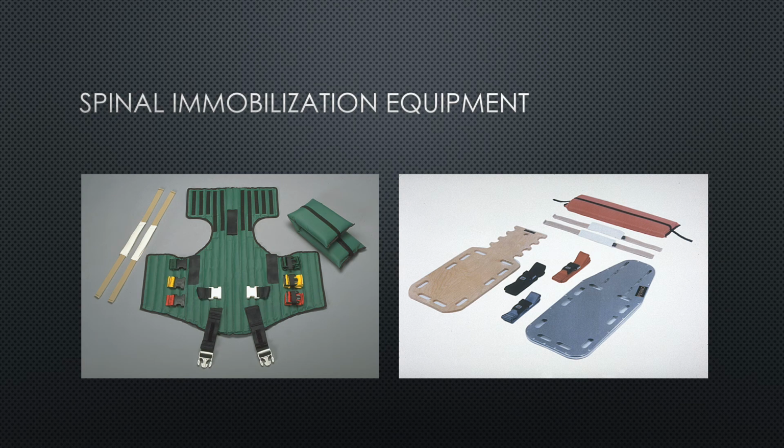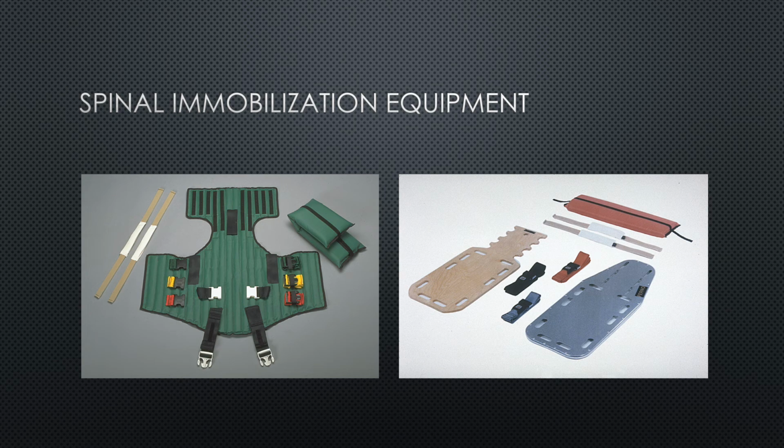This is typically used when we are removing a patient from a seated position, such as an automobile. The image on your right is a short backboard. Used with straps, the chin securing devices, and the padding, it can accomplish the same technique as the KED device.